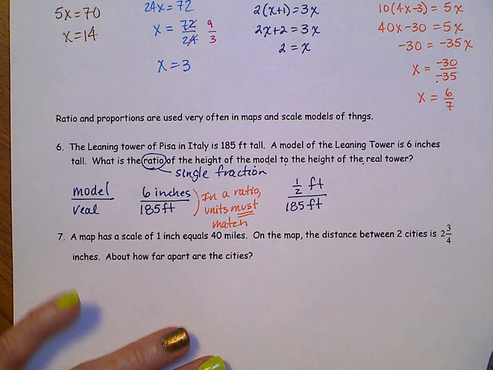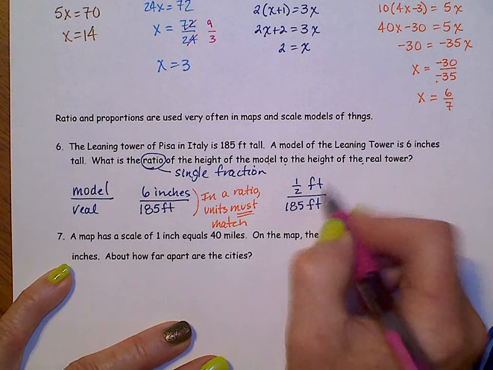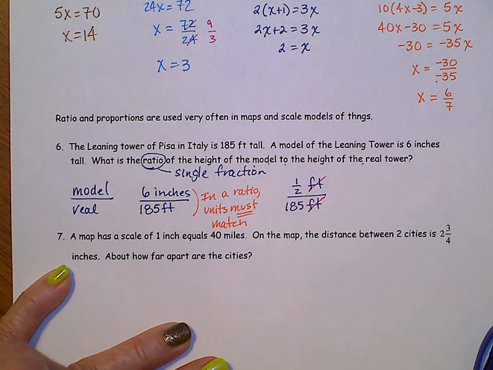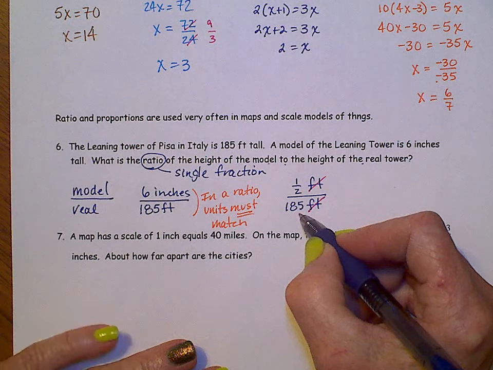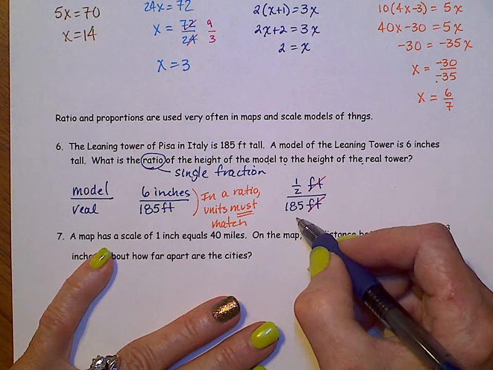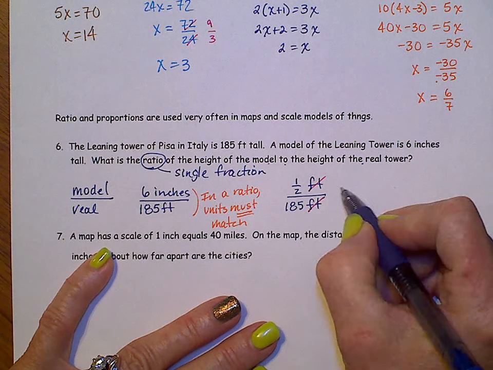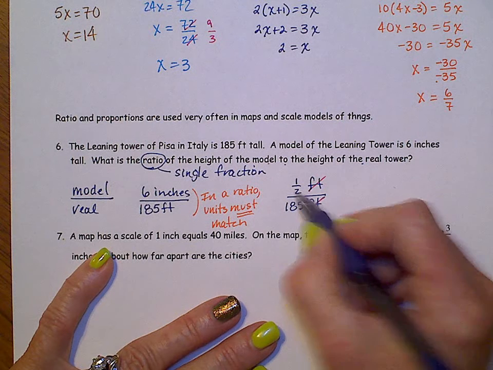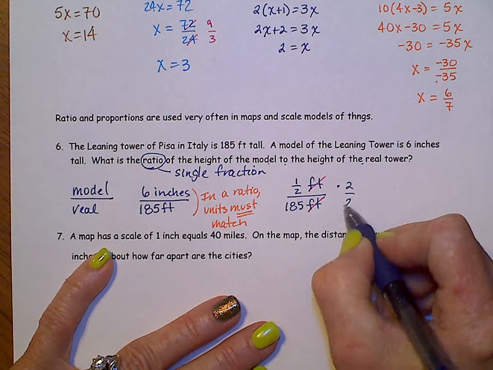Those units now cancel because they're the same, so those units divide out. And we have 1/2 over 185. And the way we can simplify that, we don't want complex fractions, is if you just multiply by 2 over 2.